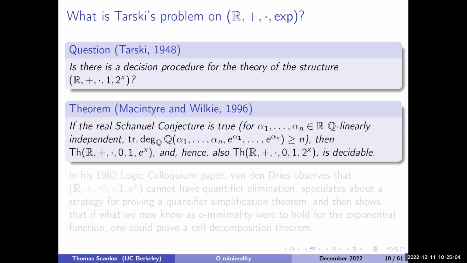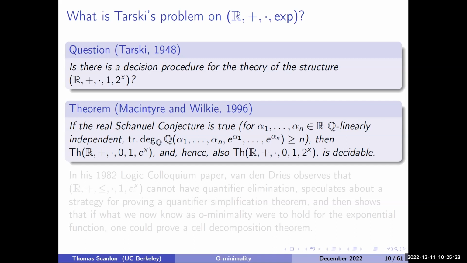The closest to a positive answer we have is this 1996 theorem of Macintyre and Wilkie, where they showed that if Schanuel's conjecture holds, and you only need it for the real numbers, then the theory is decidable. And what does Schanuel's conjecture say in the real case?